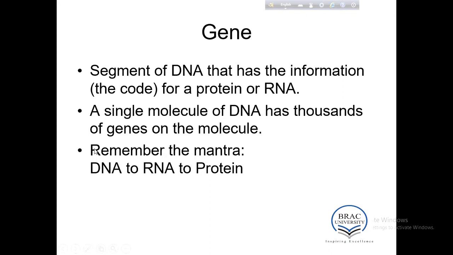The central dogma says that from DNA we can have RNA. That means DNA is converted to RNA and further RNA is converted to protein. And this is the basis of all types of molecular biology. In every aspect, we need to convert a DNA into protein in order to see the ultimate outcome or the ultimate result.